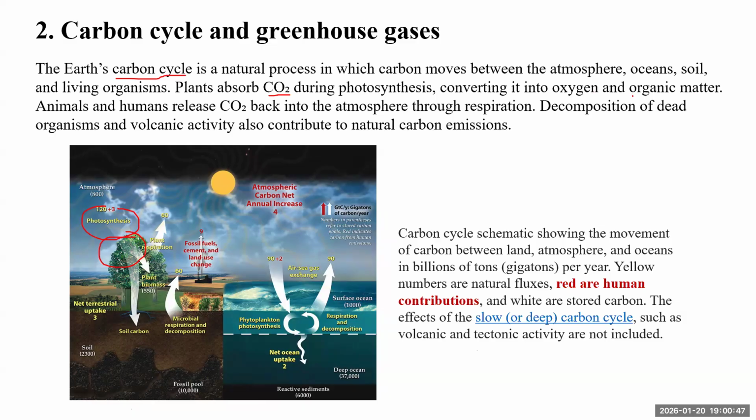The organic matter can be used by the plants themselves and also provides food for animals. Animals and humans release carbon dioxide back into the atmosphere through respiration. So we are breathing out carbon dioxide.